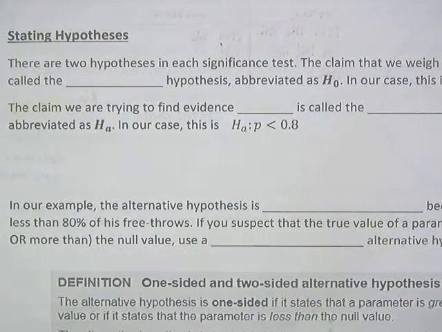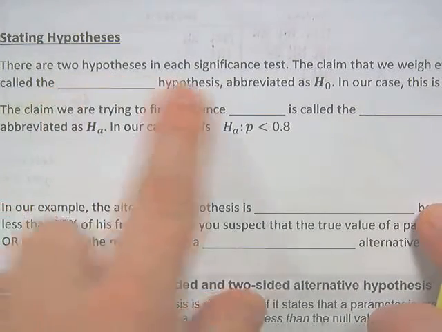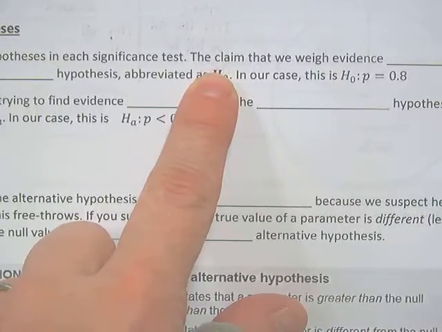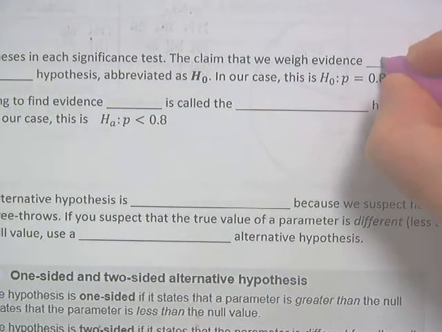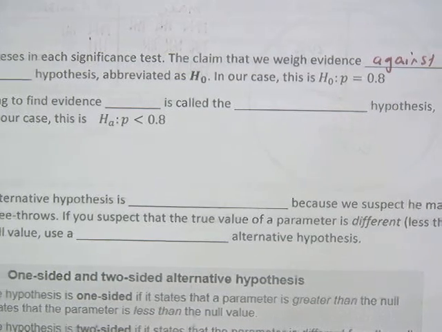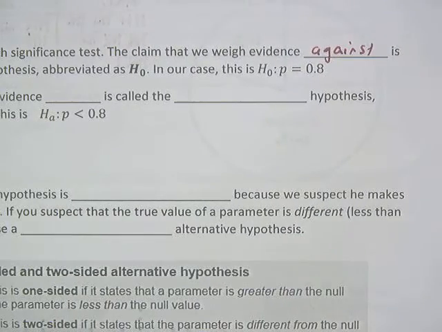I want to talk to you about hypotheses. It's so very important that you understand this whole hypothesis thing, okay? There are going to be 2 hypotheses in each significance test. I've already told you that. The claim that we are weighing evidence against, that's how we word it. We're trying to find evidence against, just like we're trying to find evidence against this guy saying he's an 80% shooter.